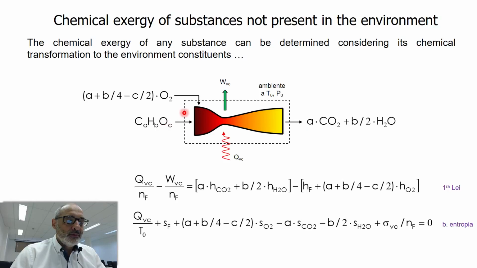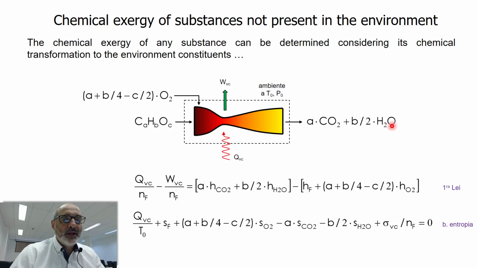I'm going to get some amount of oxygen from the atmosphere, and by some I mean exactly this amount: A plus B divided by 4 minus C divided by 2. A, B, C are the numbers of atoms here. And this is done in order to balance the equation. So these are stoichiometric quantities. When I combine this amount of oxygen with 1 mole of this molecule, I have A moles of CO2 plus B divided by 2 moles of H2O.